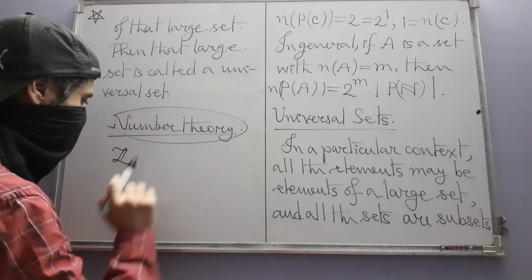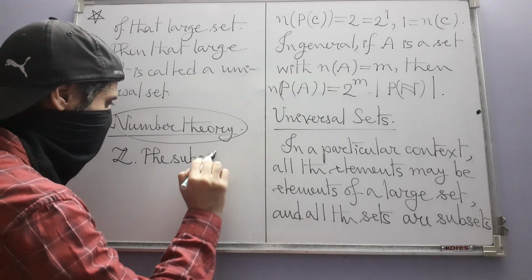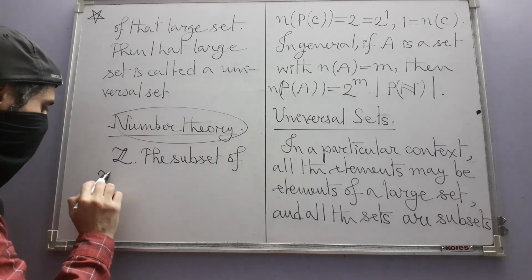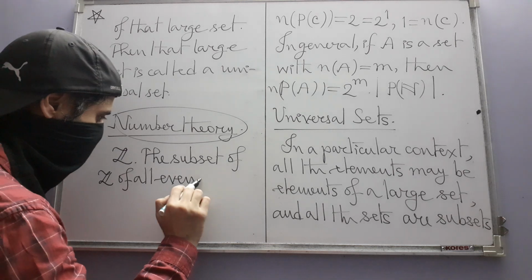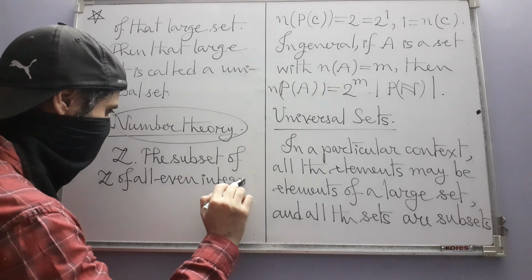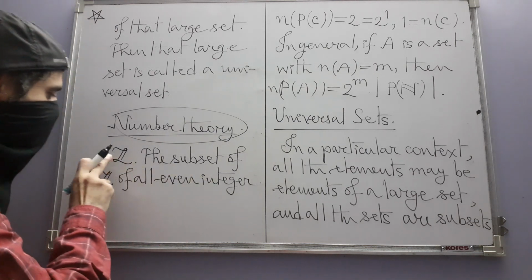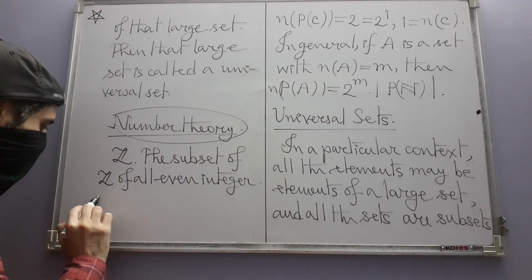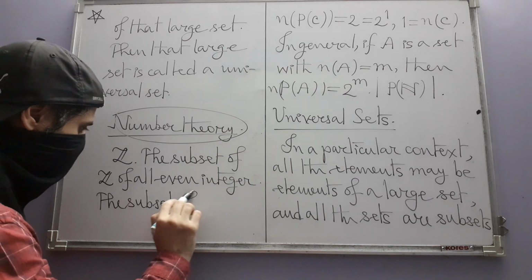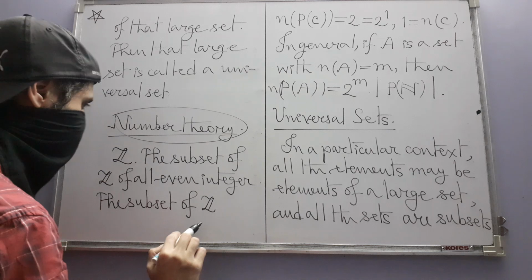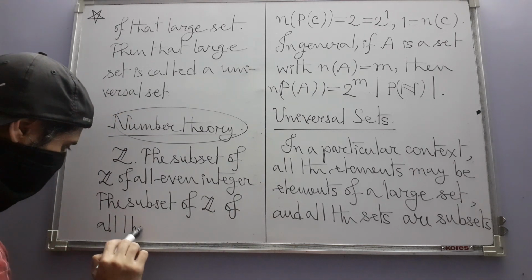So whatever you talk about are going to be about integers or about some special sets of integers. For example, the subset of all even integers. Maybe for some reason you are discussing even integers. This is a subset of Z, or the subset of Z of all the prime numbers.